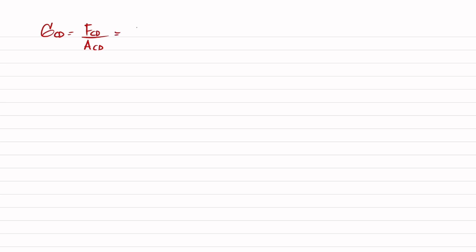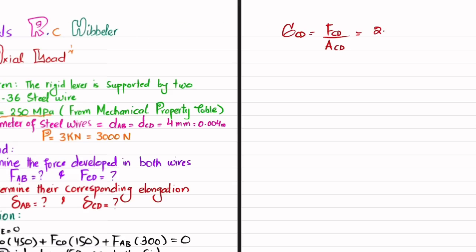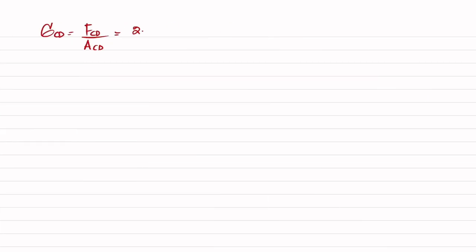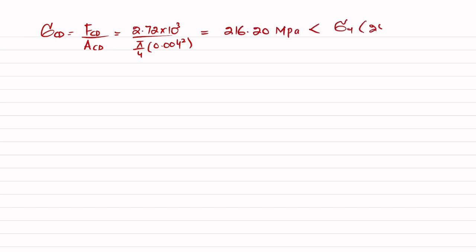FCD, which was newly calculated, is 2.72 kilonewton, so 2.72 into 10 raised to the power 3 divided by pi by 4 into 0.004 square. When you solve this, you will get 216.20 megapascal. Now you can see this is less than the yield stress of 250 megapascal, so it is still okay.